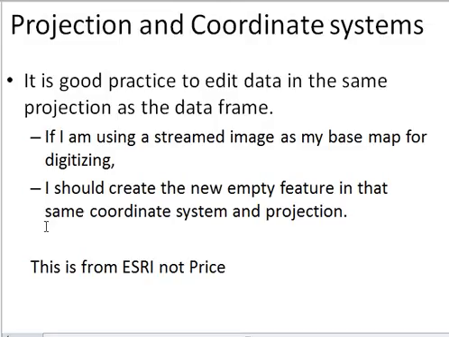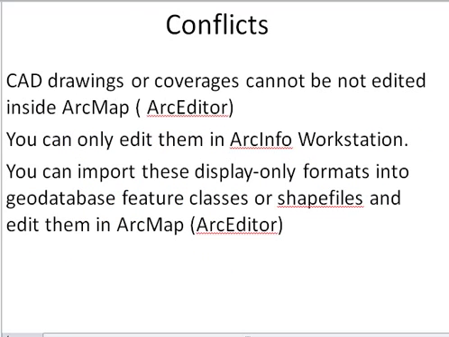And then when I'm done, I can reproject it into another projection that I want. So it kind of gives me some duplication. And that may not be critically important, but it's just kind of a good practice. And that's the recommendation from Esri documentation, not particularly from Price.